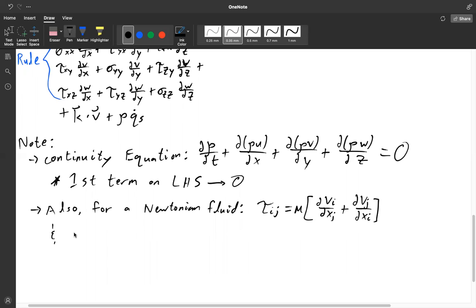And for 3D flows, we can use Stokes' hypothesis. This will be for three-dimensional flow.